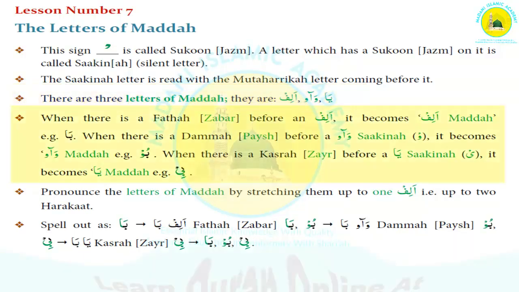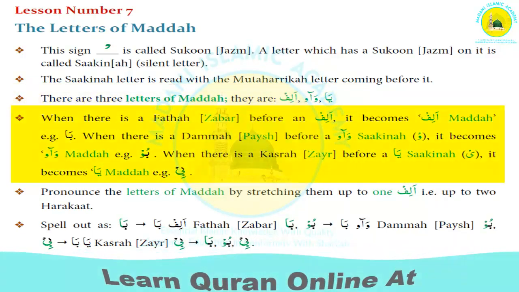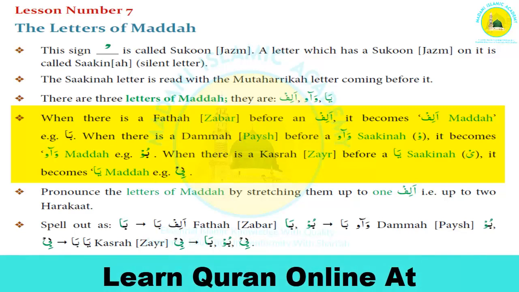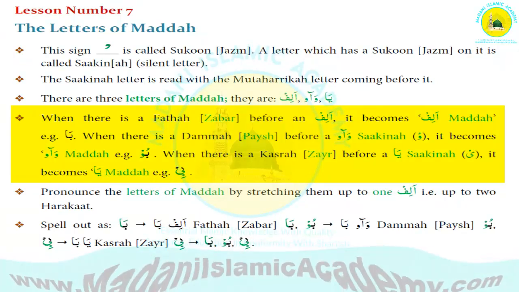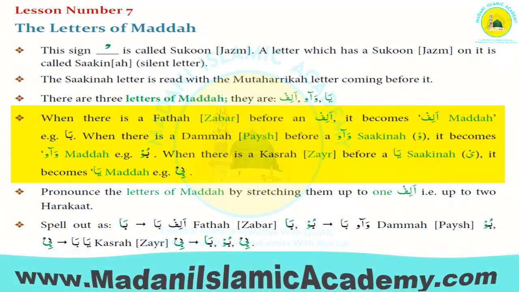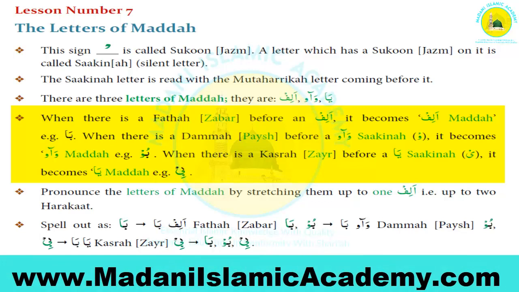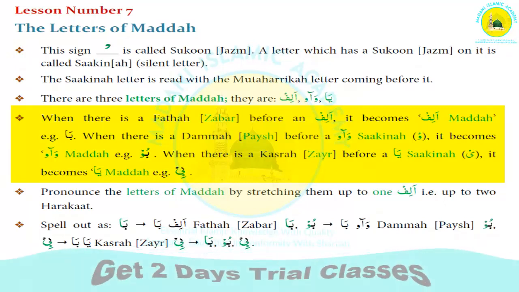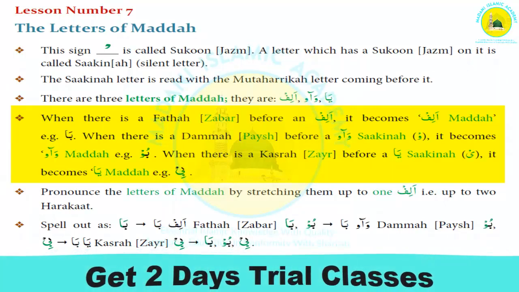Now, how do you recognize alif madda? When there is a zabar, a fatha, before an alif, it becomes alif madda. And when there is a pesh, a dhamma, before a waw sakina, it becomes waw madda. And when there is a kasra, a zair, before the ya sakina, then it becomes ya madda.